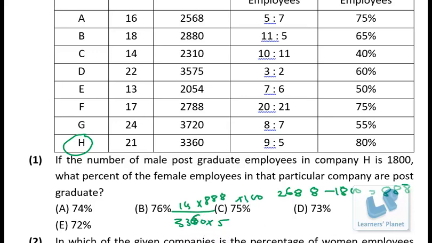I explain it once again. Total number of male postgraduate is 1800 and total number of postgraduates is actually 80% of 3360. So remaining 888 are female postgraduate and we have to find out the postgraduate females out of total female employees. Total female employees is, this is the male to female ratio, so 5 by 14 of 3360 will be female employees, right? So in the denominator 5 by 14 of 3360 and in the numerator we have 888, that is the female postgraduate.